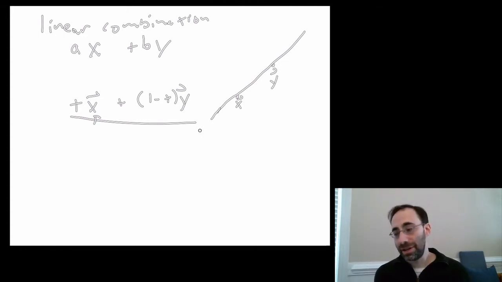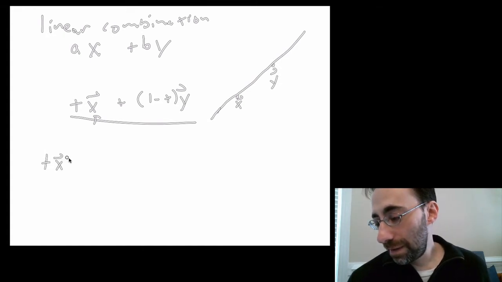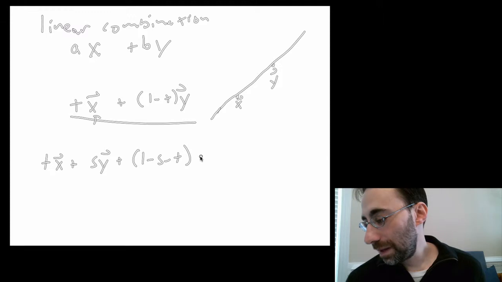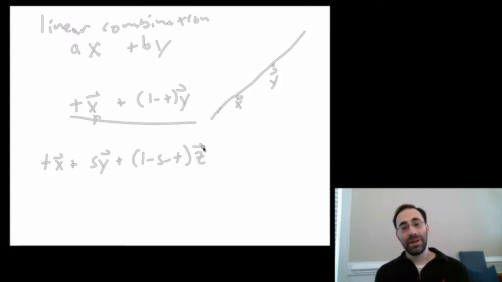That's a linear combination. We can do the exact same thing for 3 vectors, 3 points, but instead of getting a line, and this is backwards from the book, doesn't make a difference, you get a plane. This is the plane containing these 3 points. In other words, having 3 points, and assuming they're not in the same line, can represent a plane, and this is a plane drawn from those 3 points.